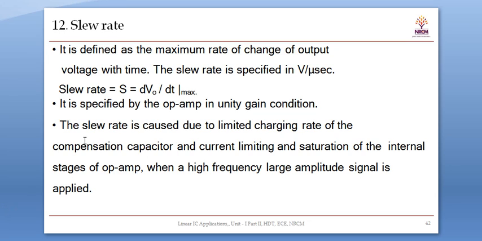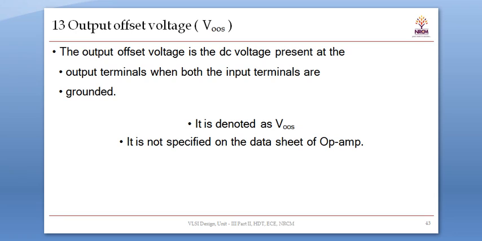We will study the slew rate in detail for AC and DC characteristics. So it is just a definition and a brief idea. The next parameter is output offset voltage. It is the DC voltage available at the output of op-amp when both the input terminals are grounded.